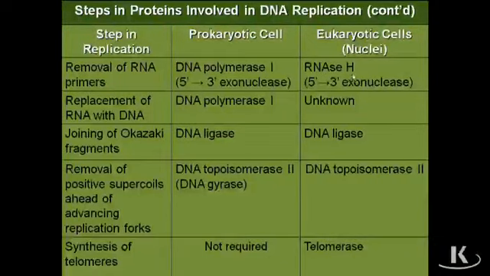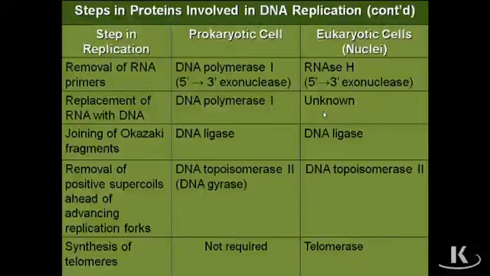Whereas in eukaryotes, there's an RNase H enzyme, which does the same thing. Replacing of RNA with DNA. Once again, in prokaryotic cells, how do we take that RNA primer that was there and replace it with DNA? Well, thankfully, we have something called DNA polymerase I that can do the job for prokaryotic cells. For eukaryotic cells, it's unknown.